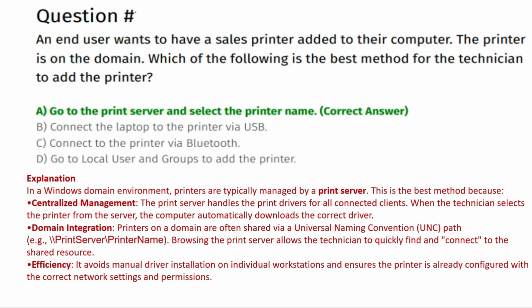Example, \\print server\print name. Browsing the print server allows the technician to quickly find and connect to the shared resource. Efficiency: it avoids manual driver installations on individual workstations and ensures the printer is already configured with the correct network settings and permissions. So that's why the correct answer for this question is go to the print server and select the printer name. So let's move to the next question.